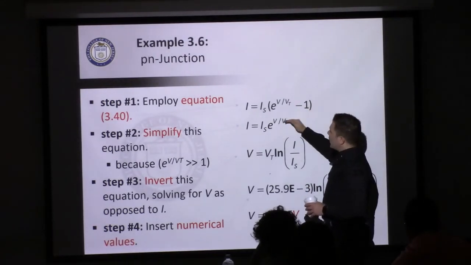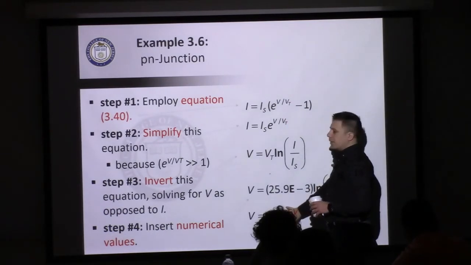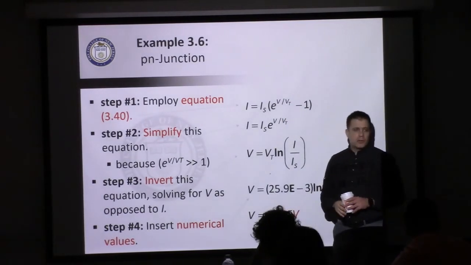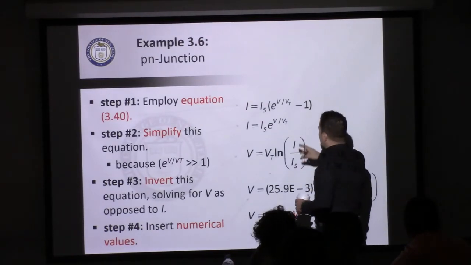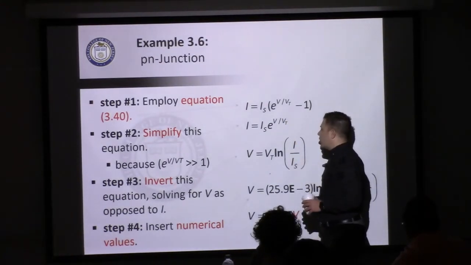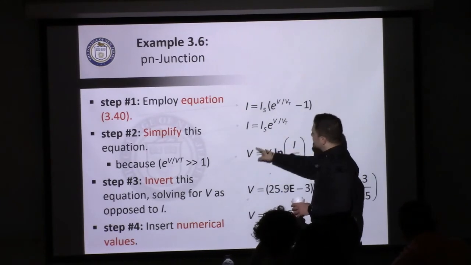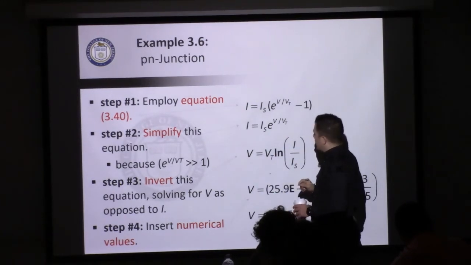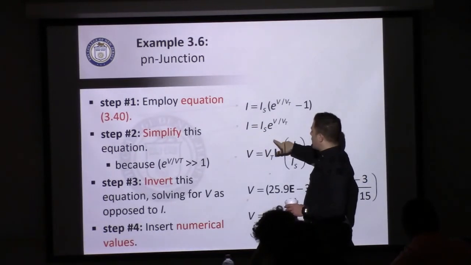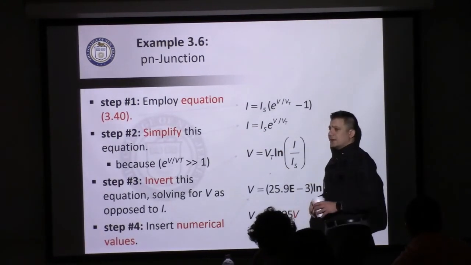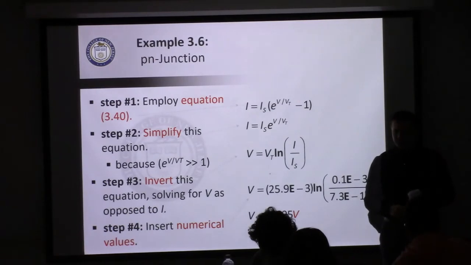So from this part here, we're assuming that the answer we get at the bottom is going to be larger than 250 millivolts, but we'll have to check that at the end. Once we make this simplification, we can solve for V using this reversed or inverted expression. We take IS to the other side, use a natural log, and multiply by VT, and that leaves us with our voltage.